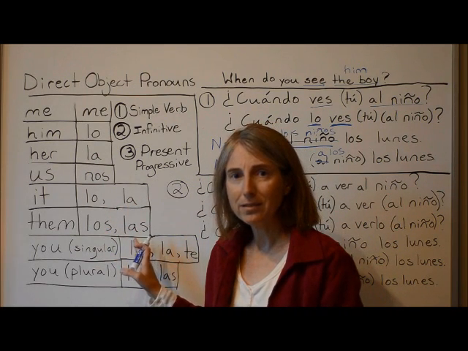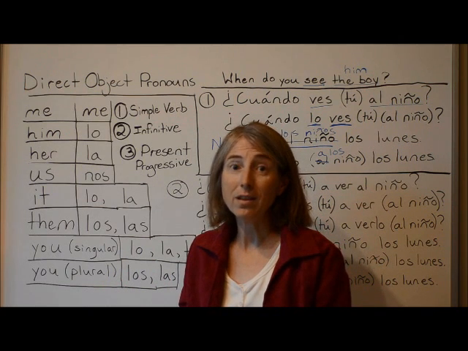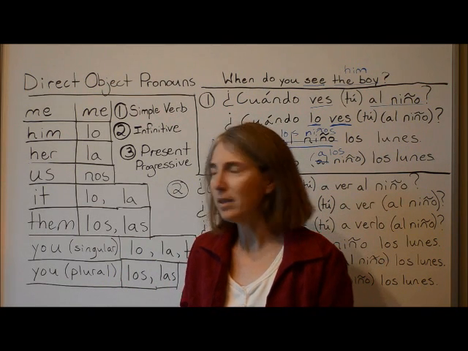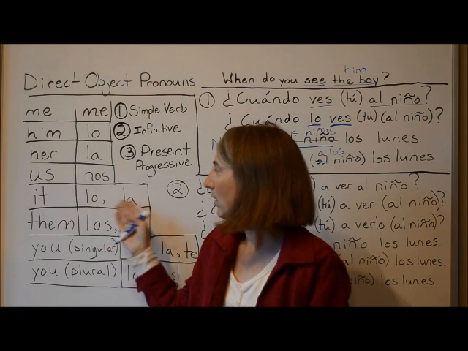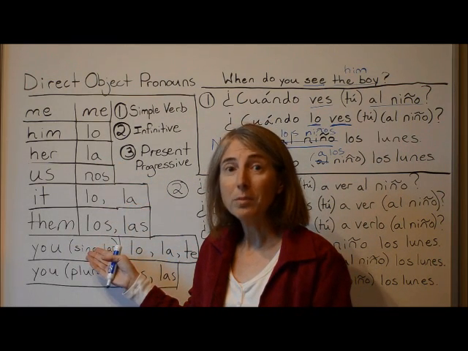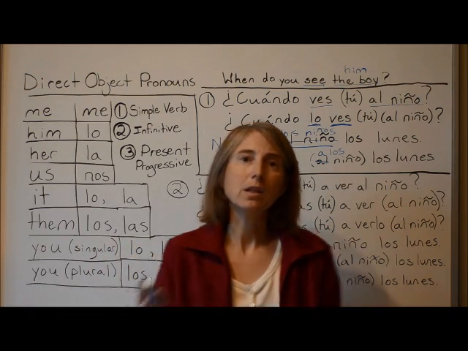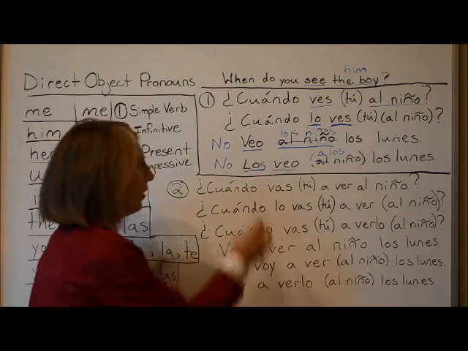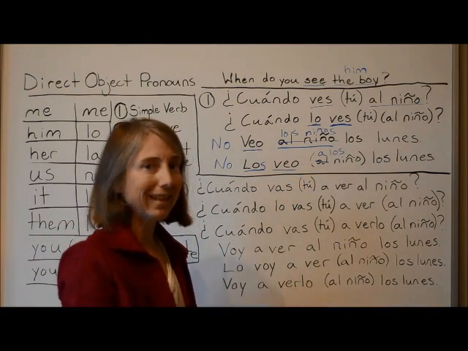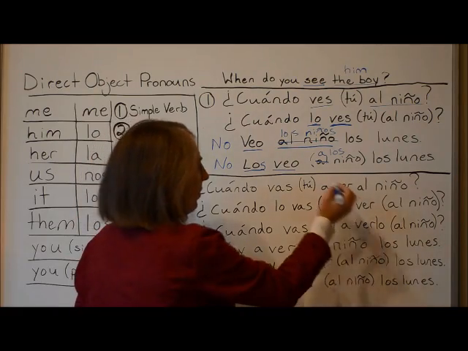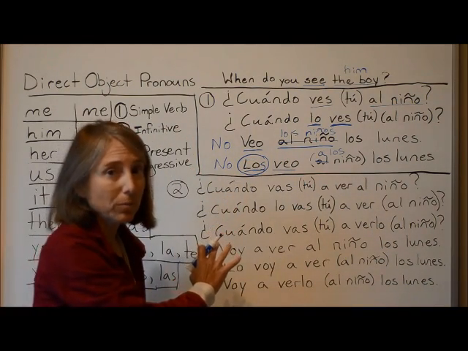The thing to be careful of with some of these direct object pronouns, like la, los, and las, is that they look like what we've learned is the in Spanish. Okay? La can mean the, singular feminine, and los can mean the plural masculine, and las is the plural feminine. So in this sentence, los veo los lunes, we have to realize that this los is our direct object pronoun.